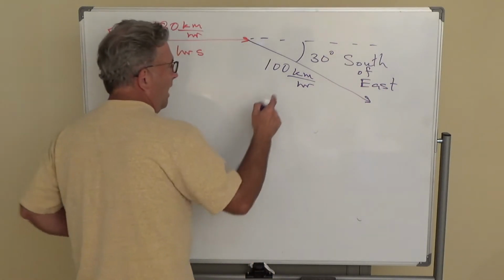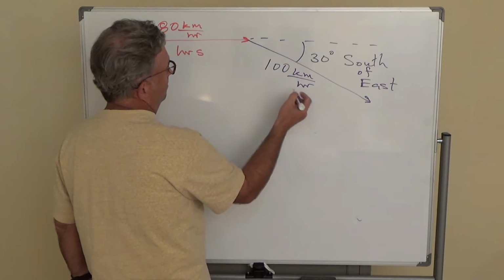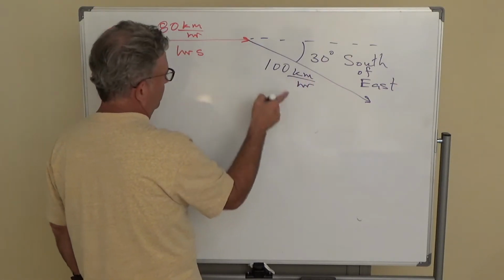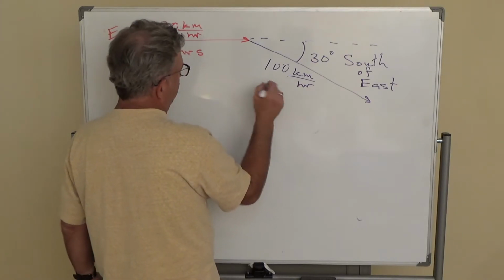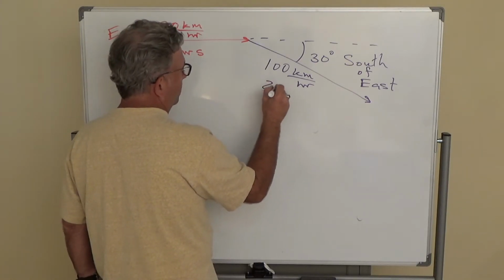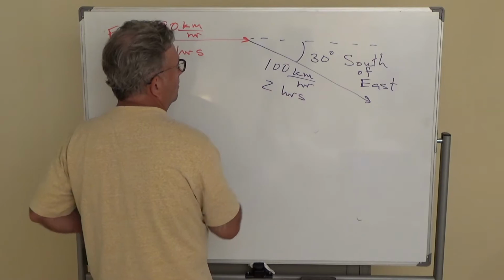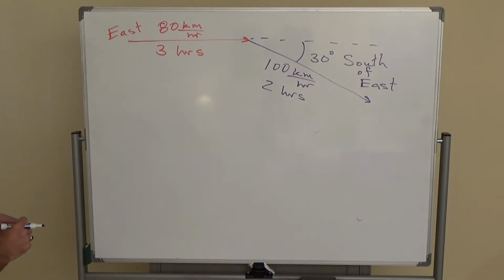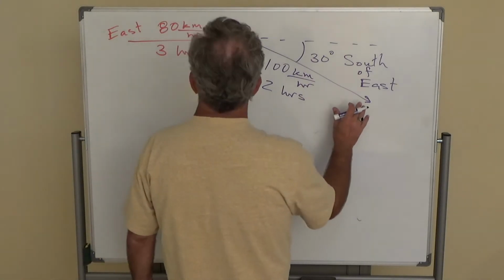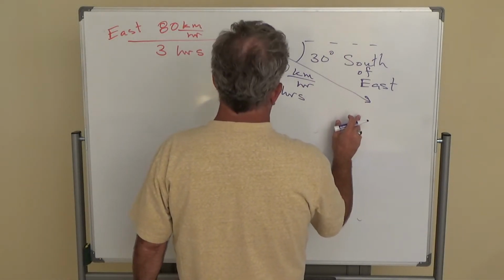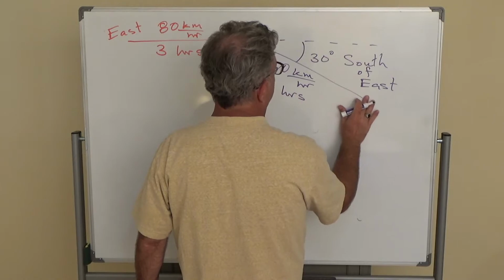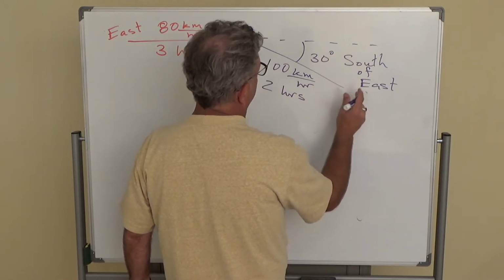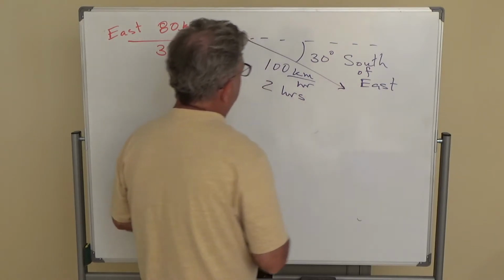And it travels that speed for 2 hours. My vectors aren't going to be exactly right. Well, this one should be shorter, really. Let's see, that's 240 kilometers. That's 200 kilometers. Okay, maybe about here.